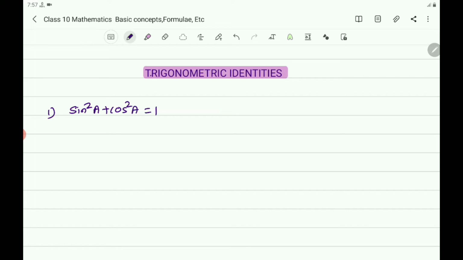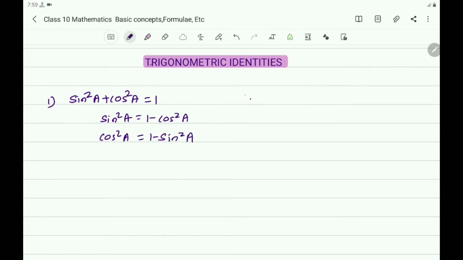And this can be written as sin square A equals 1 minus cos square A, or also cos square A equals 1 minus sin square A. Also cos square A is nothing but 1 minus sin square A.